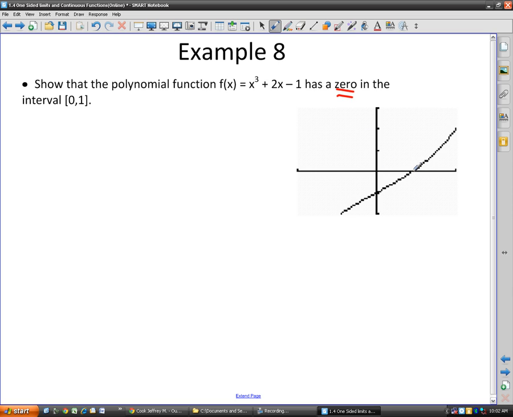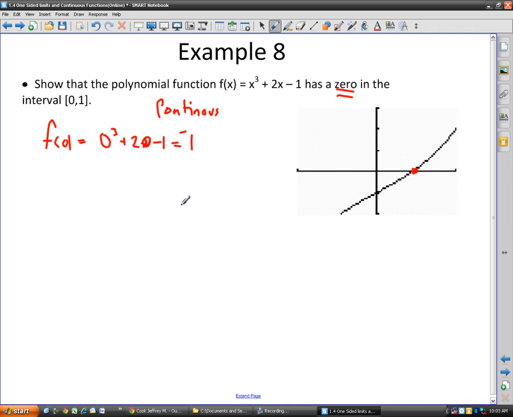If you don't have a graphing calculator, you can plug in f of 0: 0 cubed plus 2 times 0 minus 1. First you have to say that this function is continuous, which it is, since polynomials are continuous. So at 0 I'm at -1.